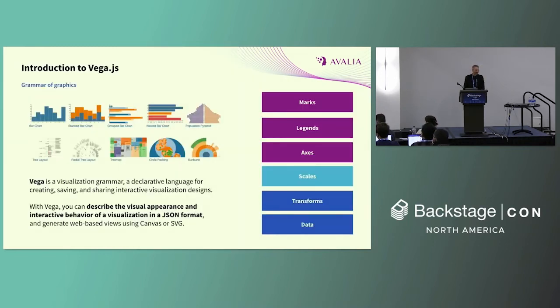And Vega is described as a visualization grammar, a declarative language for creating, saving, and sharing interactive visualizations. So the idea when you use Vega is that you don't write JavaScript code, you don't apply an imperative approach, rather you describe how you want your visualization to look like.